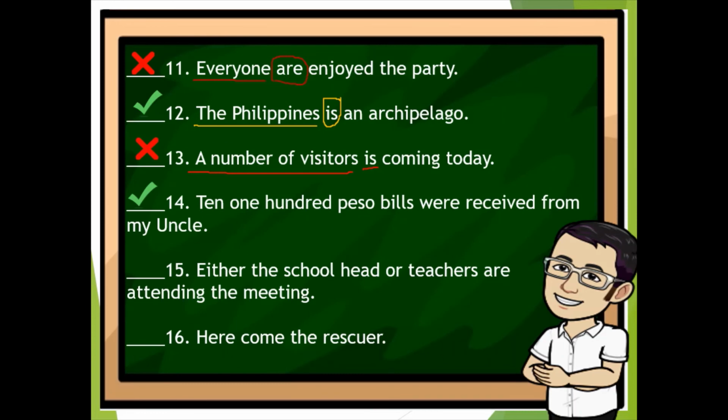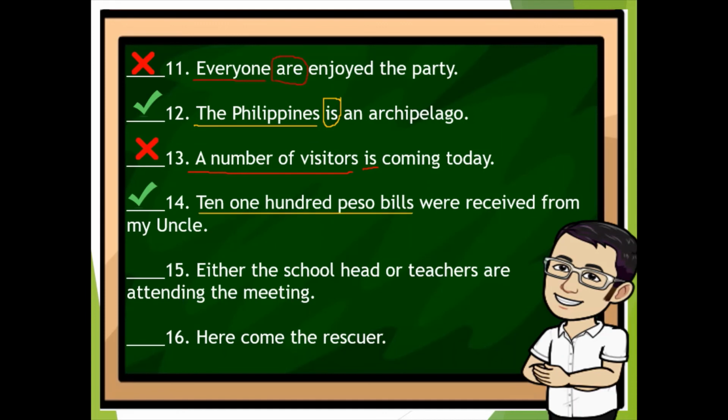For number 14, the answer is a check mark, because there is no error in the sentence. The agreement between the subject and verb is correct. The subject here is 10 100 peso bills.